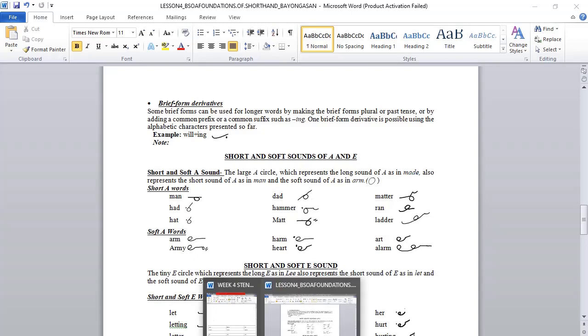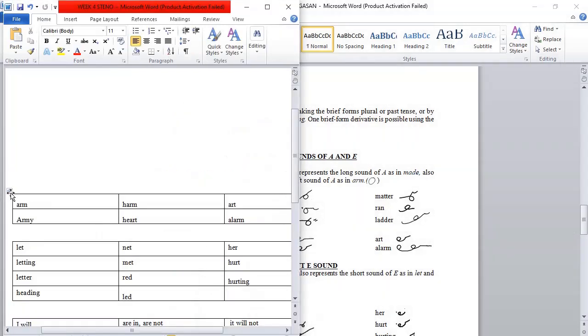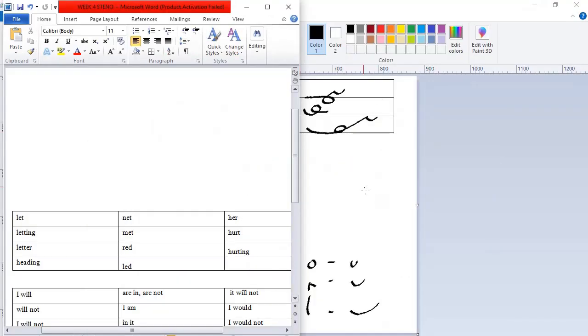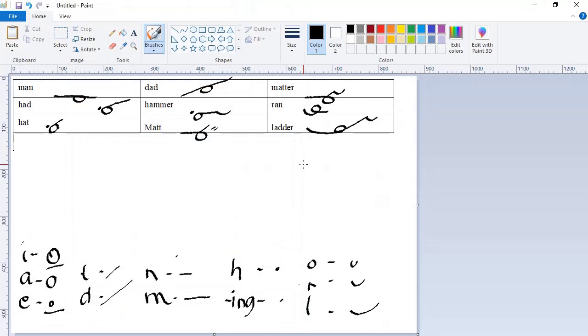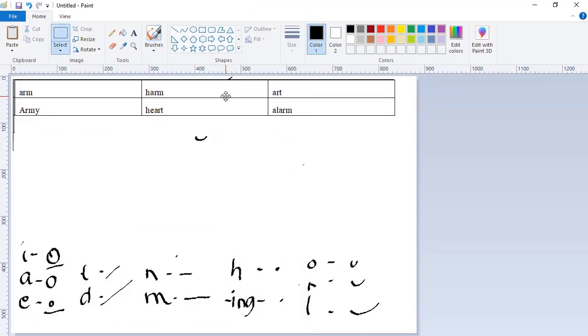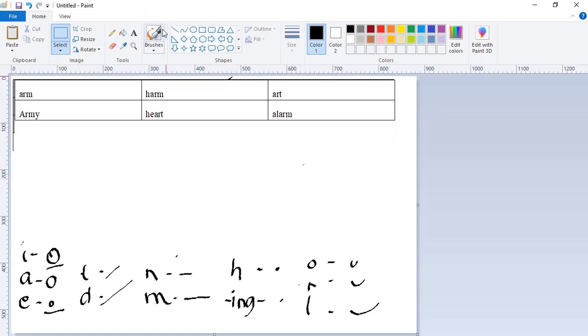Sa ating next set of words, we have the, ano yan? Soft A words. So, for the soft A words, first we have arm.